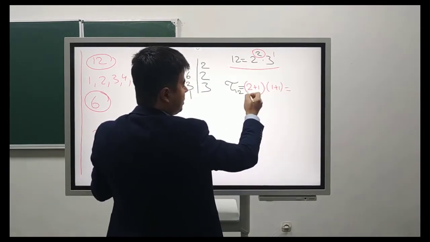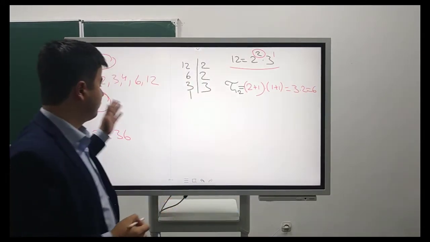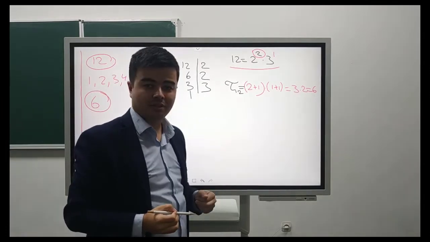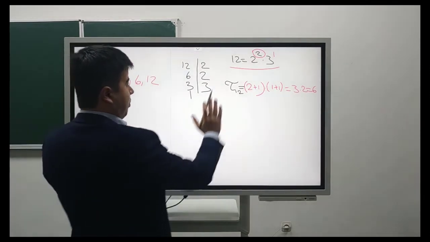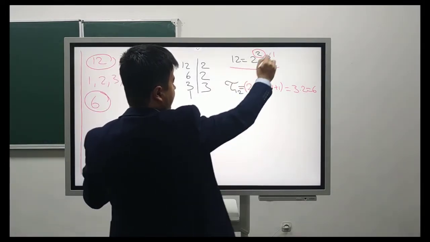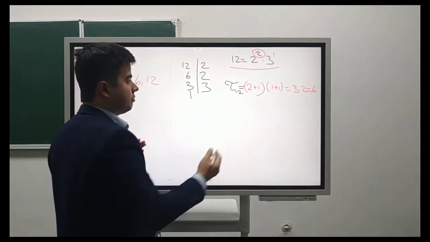So 3 times 2, it is 6. We got our 6. Is it clear? So, power plus 1, times the next power plus 1, etc.